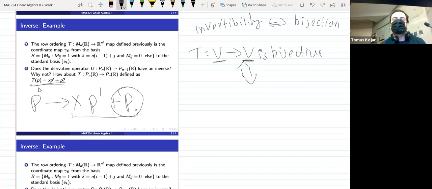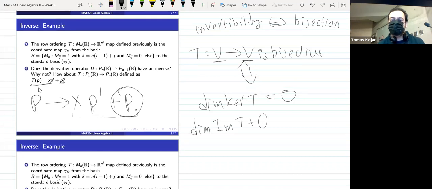Let me just say it because we're running out of time. We just have to show that the dimension of the kernel of T is 0. So you just have to show injective, and the reason is rank nullity. The dimension of the image of T plus 0 is equal to the dimension of V by rank nullity.